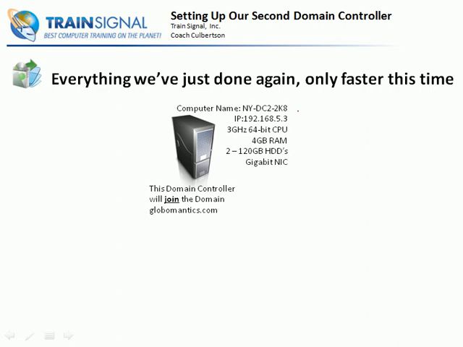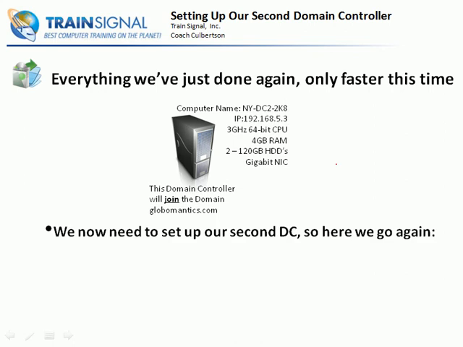Now, of course, New York DC2 isn't named that yet. We have to do an installation of our operating system. Remember, we're going to be doing bare metal installations. This domain controller is going to be joining globalmatics.com, not creating it. The hardware is identical. We just need to make some configuration option changes in the ICT, and we're going to be good to go to actually set up our DC. So here we go again. We're going to be installing it bare metal.